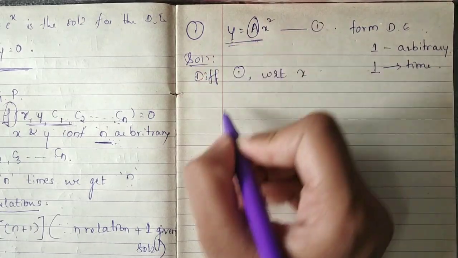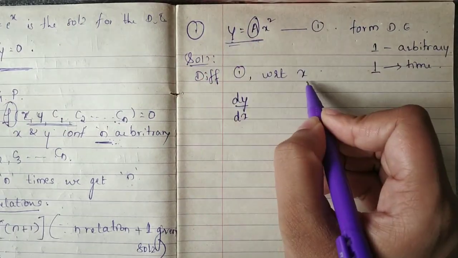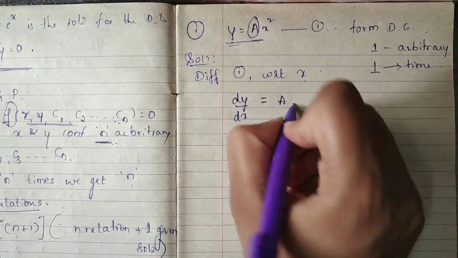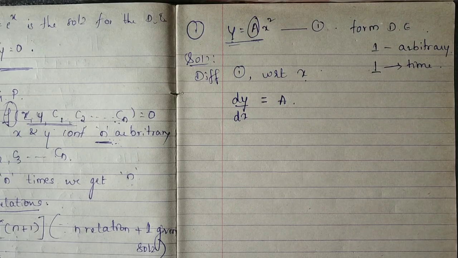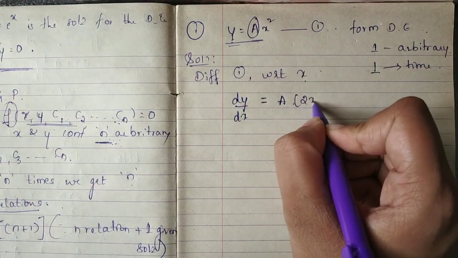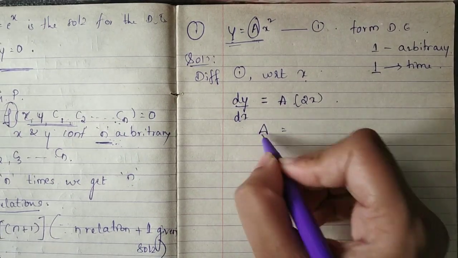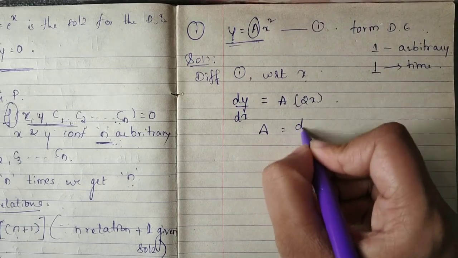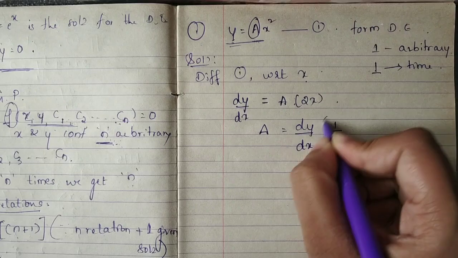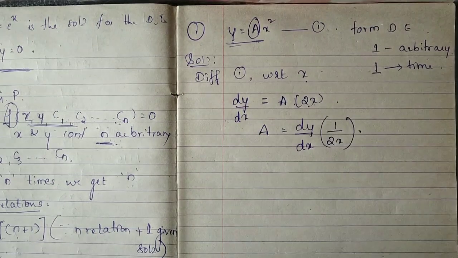Then this part will be dy by dx, the derivative of y with respect to x, equal to a, the constant, which stays as it is, and the derivative of x square is 2x. So finding the value of this arbitrary constant, a will be dy by dx into 1 by 2x. Correct? We take this to this side.